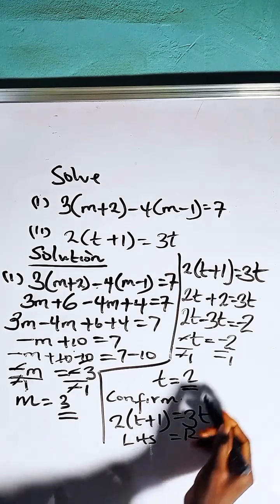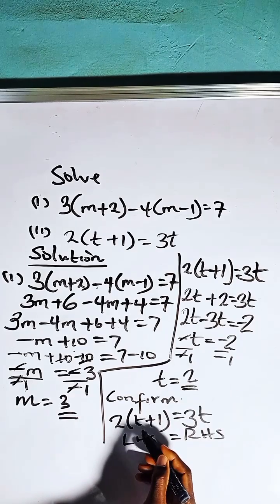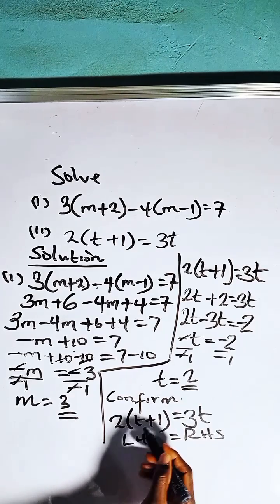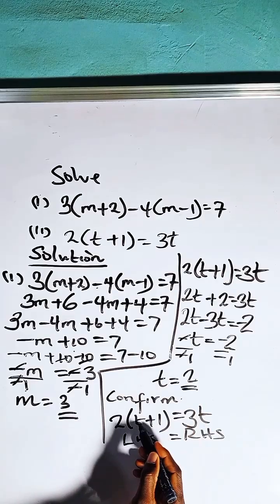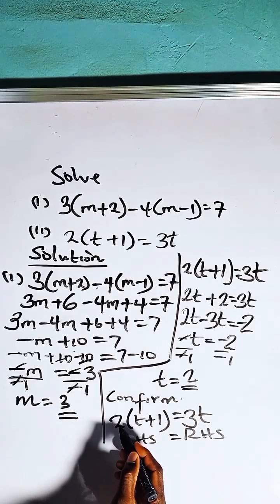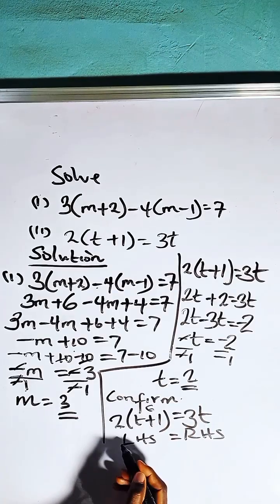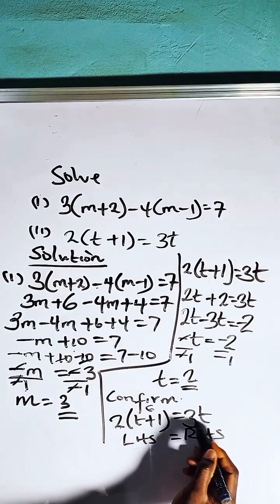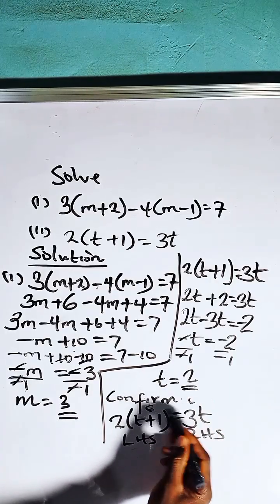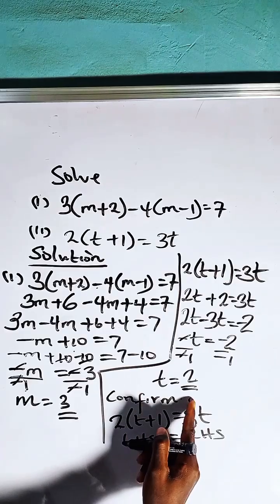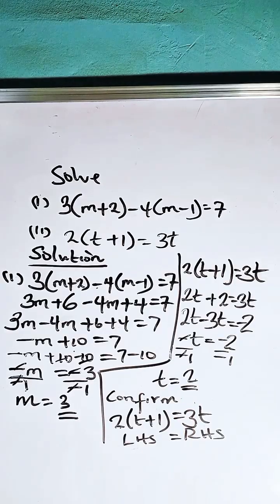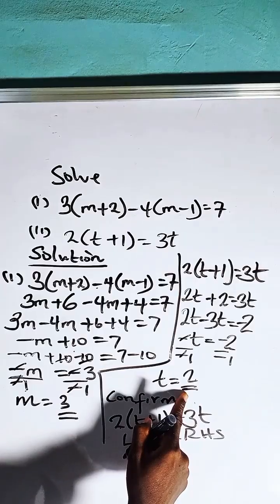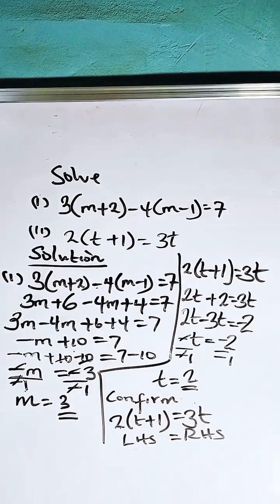So when we put 2 as the value of t, 2 plus 1 is 3, and 3 times 2 is 6. On the right, we put 2 as the value of t, so 3 times 2 is 6. That means the two sides of the equation are equal. So the value of t equals 2. Thank you very much.